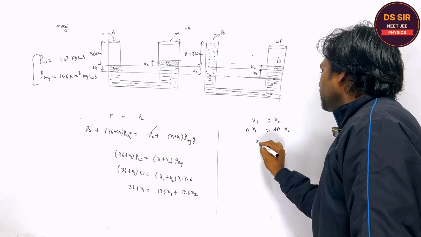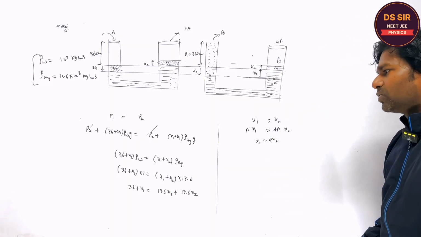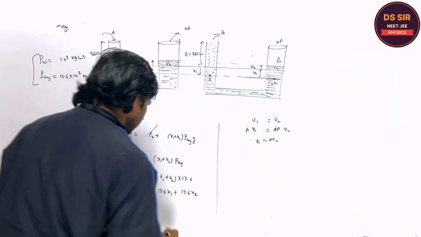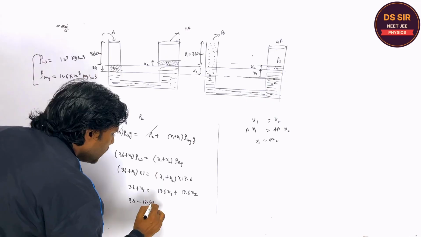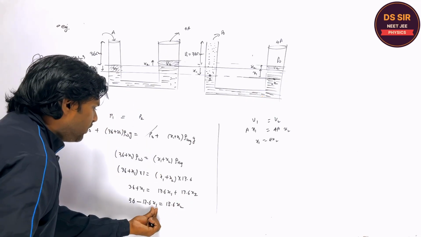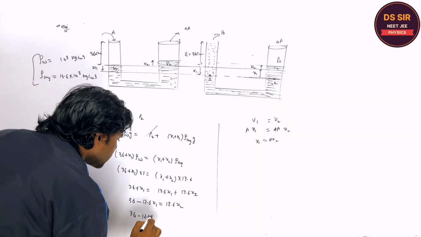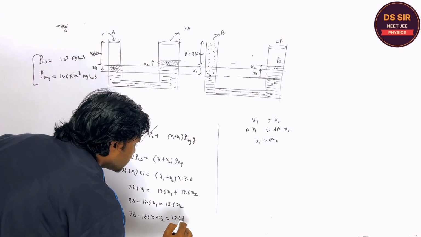So what is the relation between x1 and x2? x1 is equal to 4x2. We have to find the value of x2, so I am putting the value of x1. So this is 36, and when you simplify, 36 plus 4x2 is equal to 13.6x2.